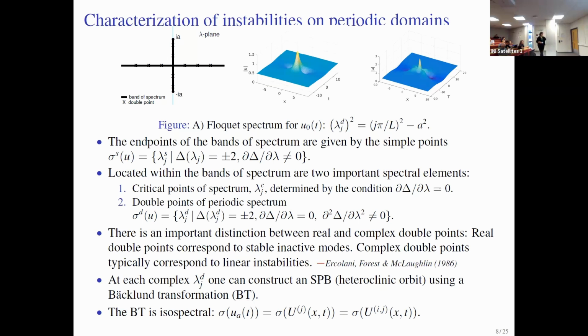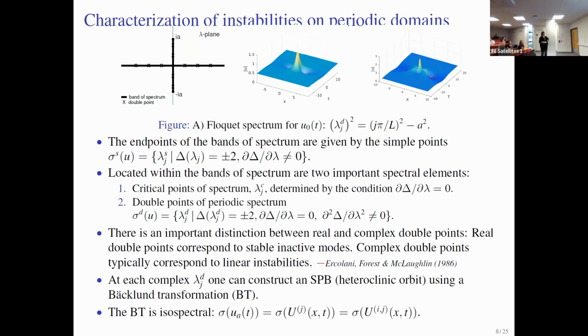The critical points of spectrum where d delta d lambda is equal to 0, and double points of the periodic spectrum, which are also critical points, but they have the additional feature that they have to be elements of the discrete spectrum. And so for the Stokes wave, you see that you have an infinite number of these double points, and the formula is given here.